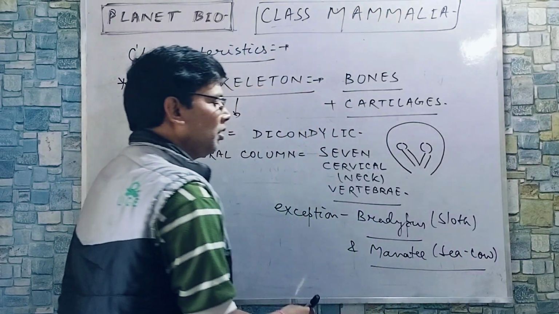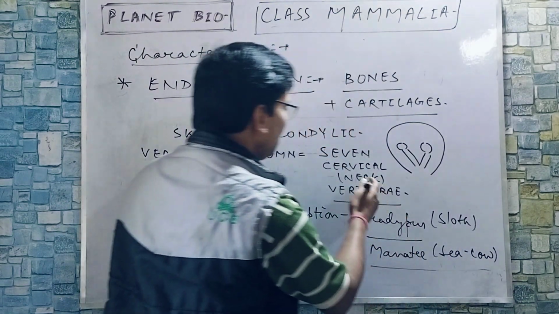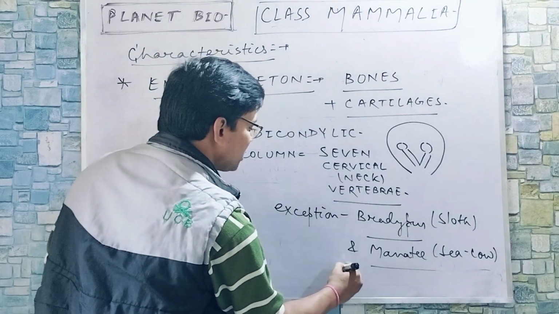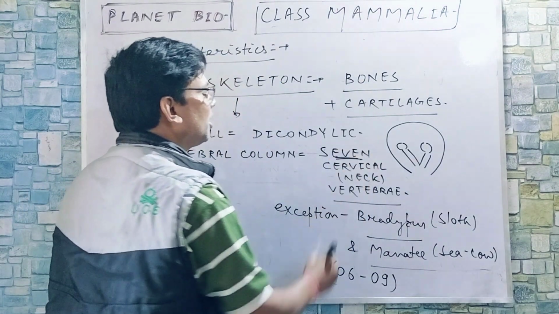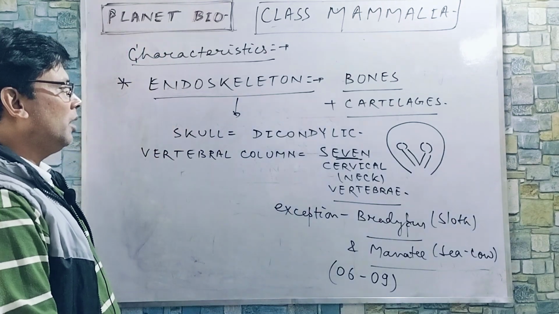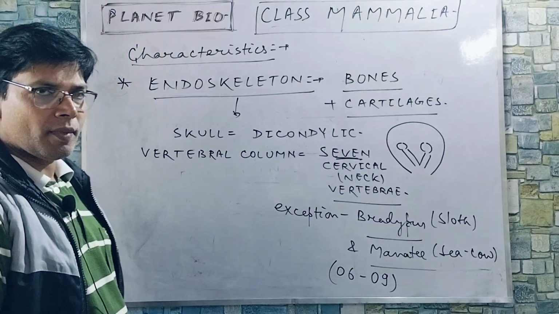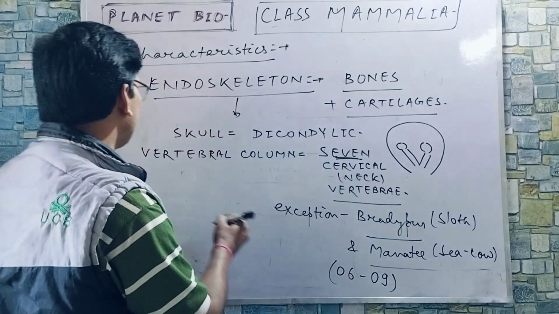They may have a variable number of cervical vertebrae, 6 to 9, not fixed, that is not 7. So it may be an exception, but limbs are always 4.